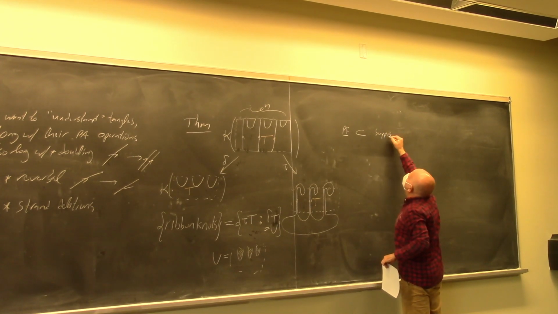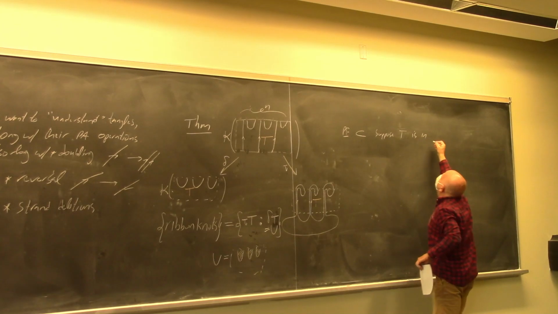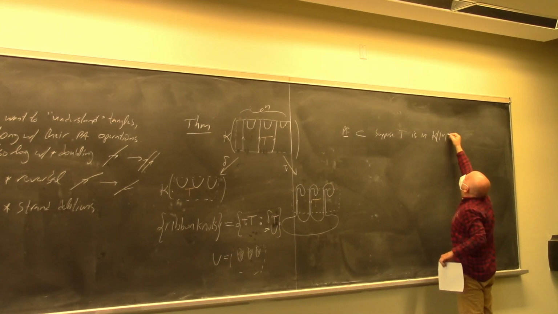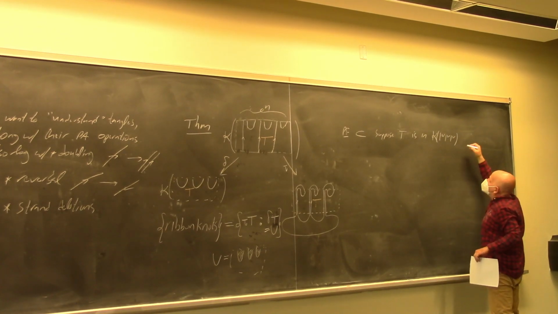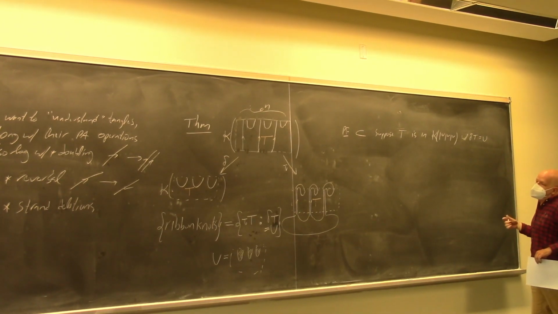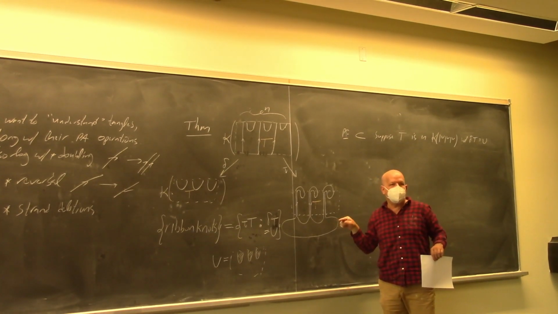Suppose T is in the knottings of this shape with delta T equal to the unknot. I need to show to you that tau of T is a ribbon knot.